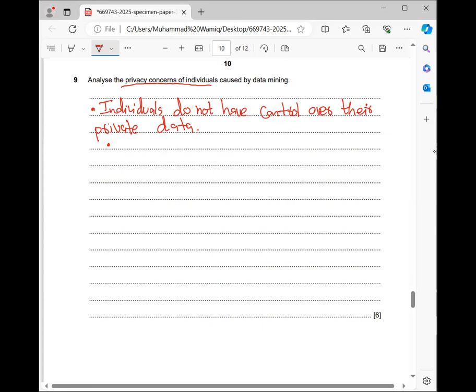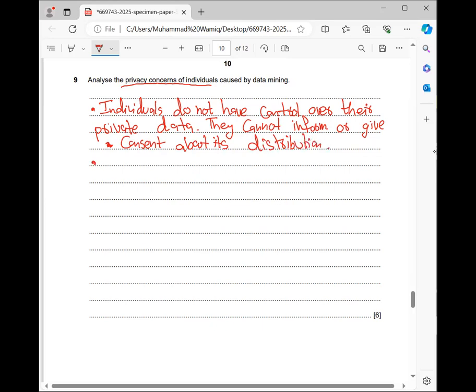Individuals who do not have control over their private data cannot inform or give consent about its distribution, or sharing.